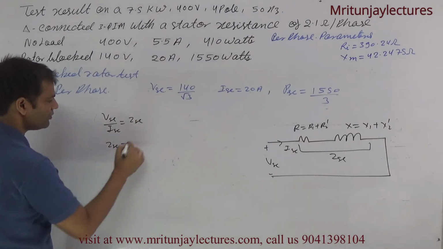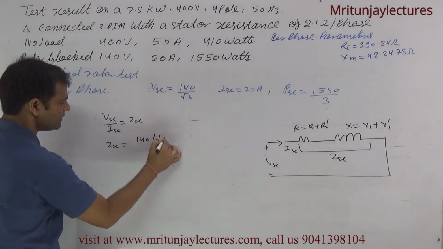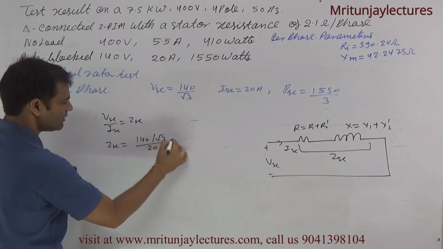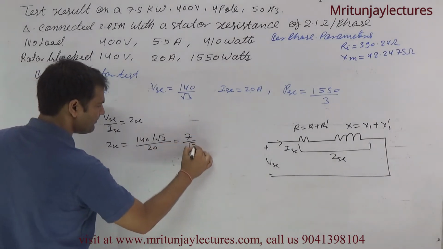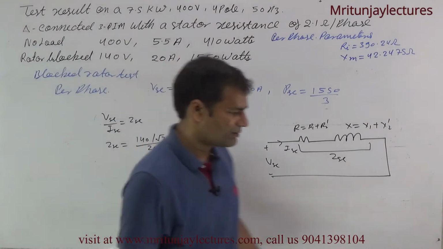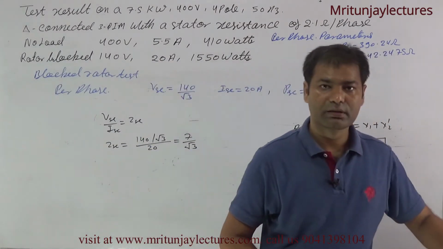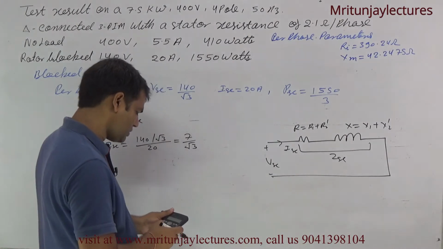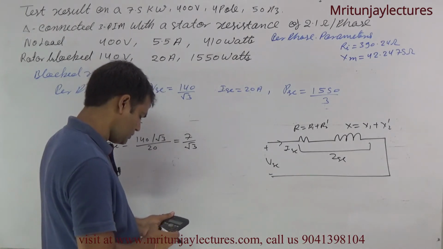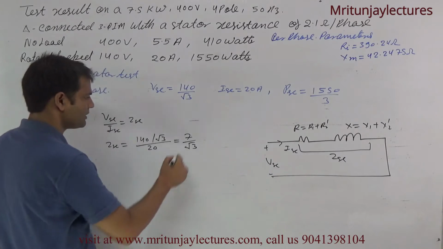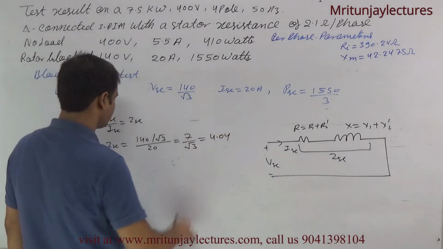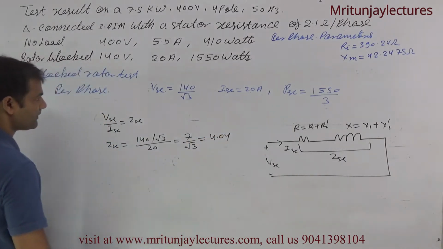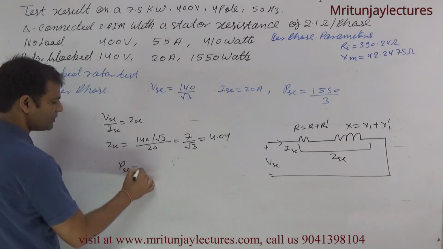ZSC is equal to 140 by root 3 whole divided by 20, that is 7 by root 3, which is 4.04. And what about PSC in per phase?